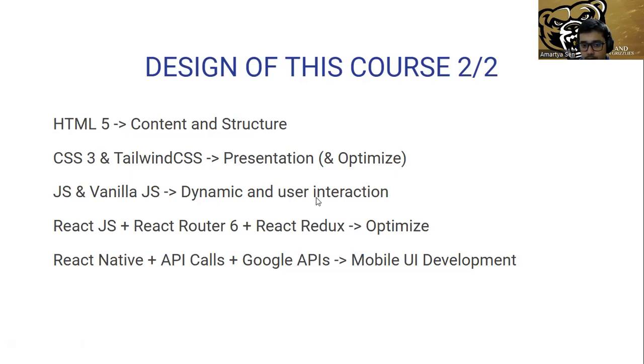Then to optimize the process of dynamic user interactions, we will learn about React.js, the library. In addition to that, there is an important aspect of React.js known as the React Router, which is essentially used for navigation in React apps. Okay, and we're going to be learning about React Router 6, which is the version that we are working with right now.